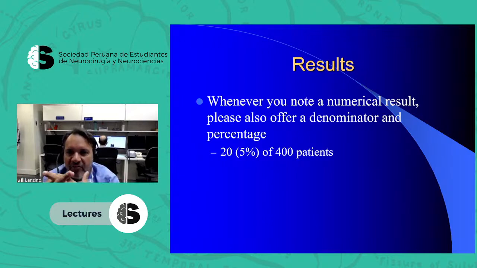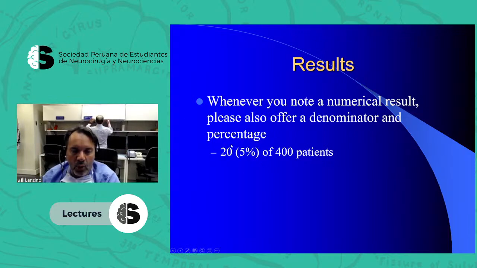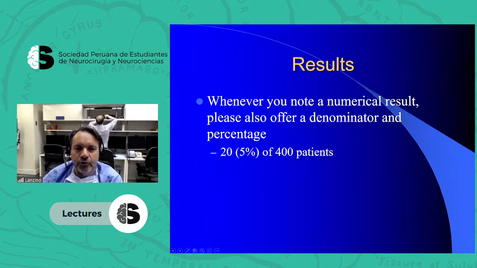So every time you have a numerical result, make sure that you offer a denominator and a percentage, because if you say 5% of the ruptured AVMs were localized in the frontal lobe, that gives me a much better idea than saying 20 ruptured AVMs were in the frontal lobe. So that's a very important practical point to remember and to follow.